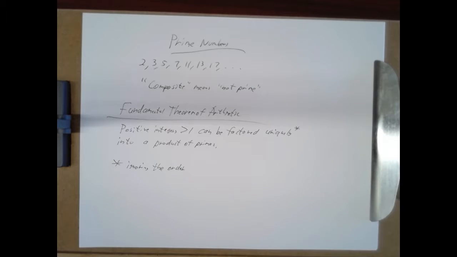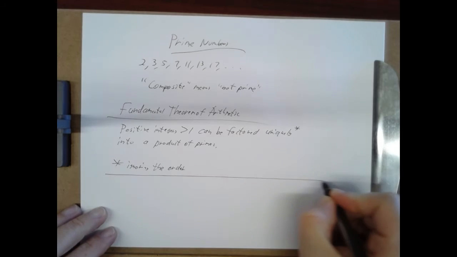If the number itself is prime, then it's just equal to itself. That's its unique factoring. So 7 is just 7 times nothing. But 14 is 7 times 2, 35 is 7 times 5, 128 is 2 times 2 times 2 times 2 times 2 times 2 times 2, and so on.